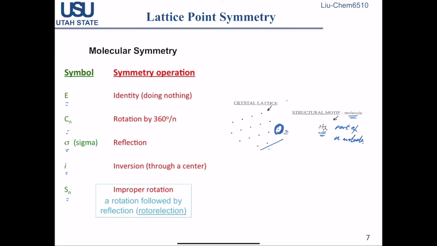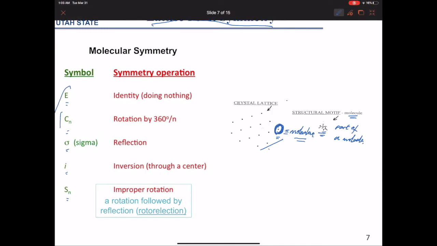This is a molecule right now. For each point we're going to have lattice symmetry, because right now each point is a real molecule. Each molecule has its own symmetry, defined by these 5 different symmetry operations.